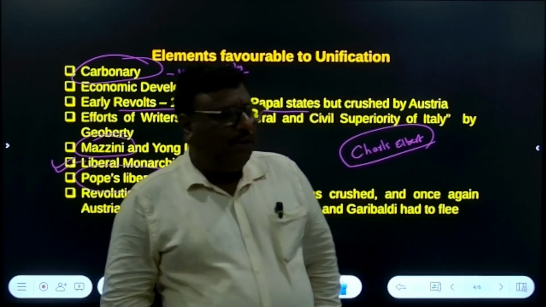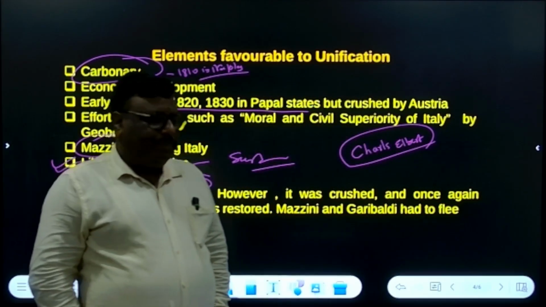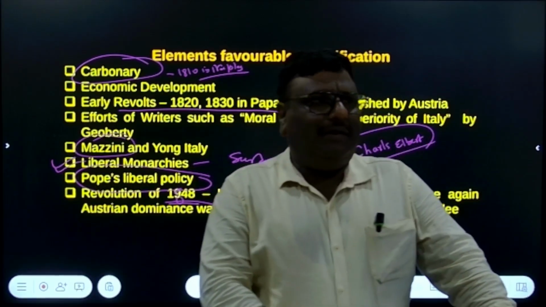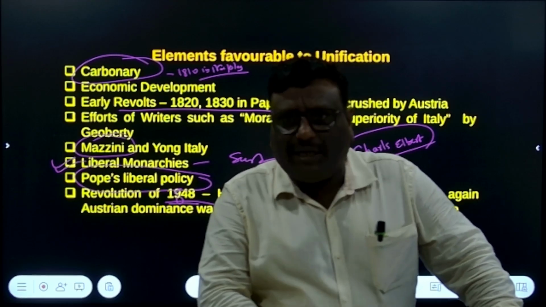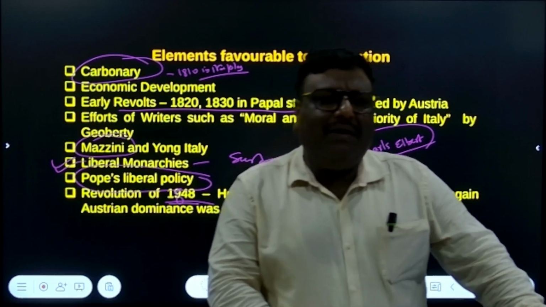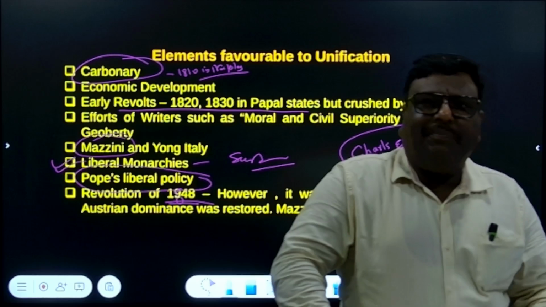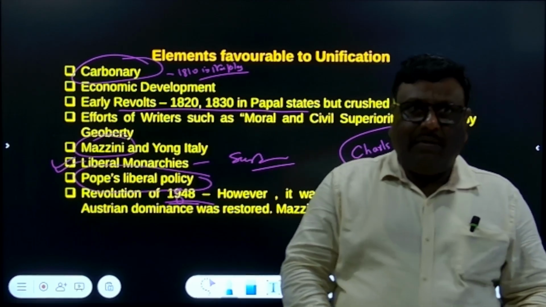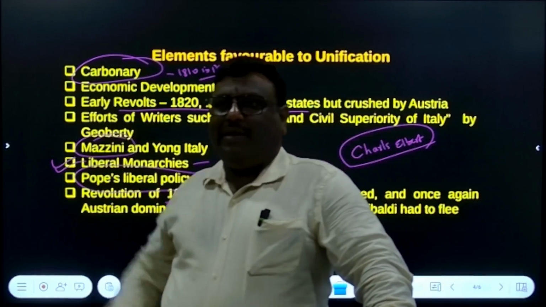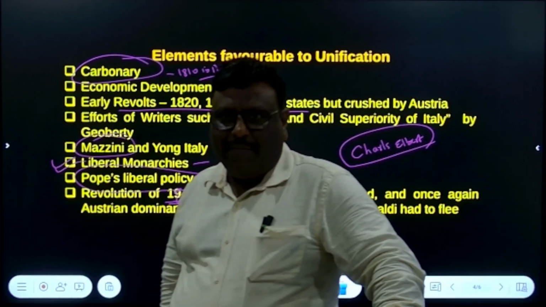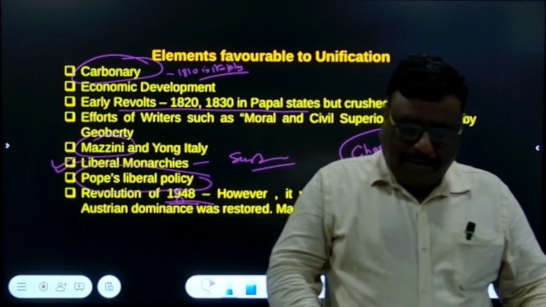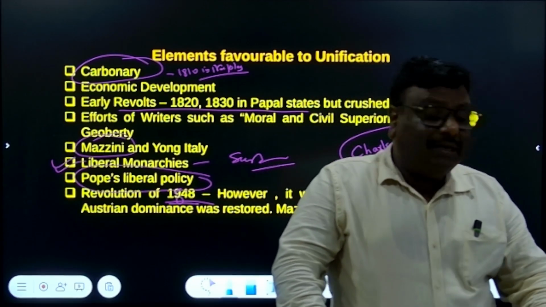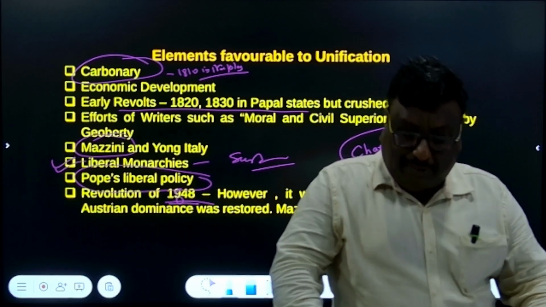The 1848 revolt of Europe compelled the extreme monarchies to bring liberal reforms in their countries. The 1848 revolt ended Metternich, who was the Chancellor of Austria. Metternich had to leave the country, and Austria had to bring several economic, social, religious, political reforms in their country.